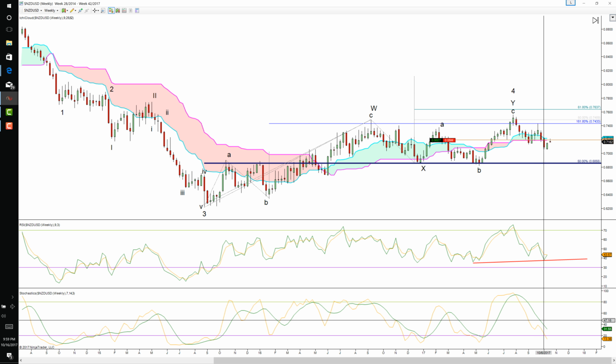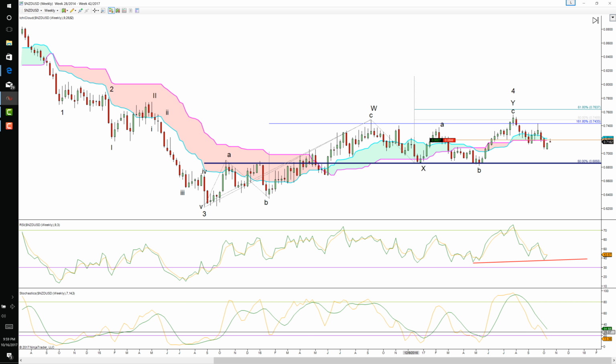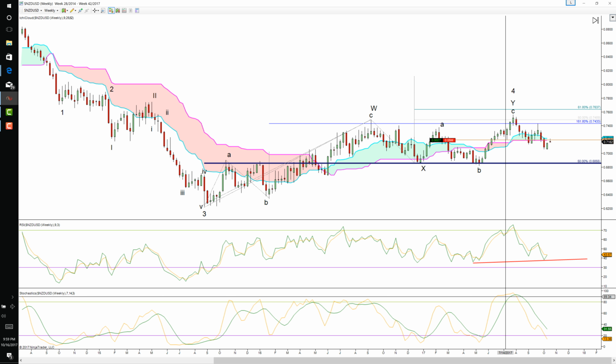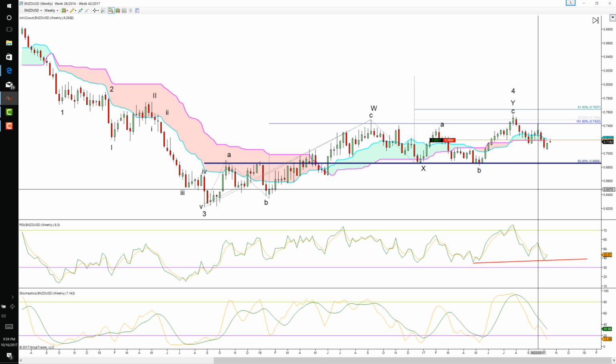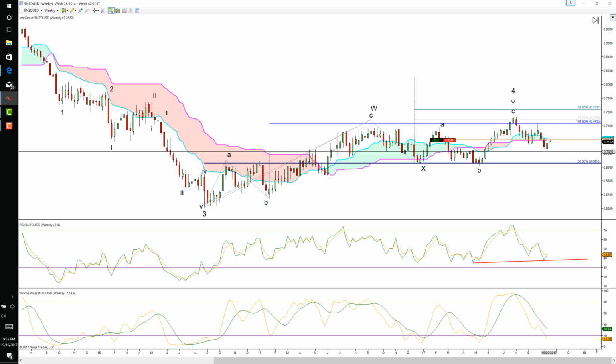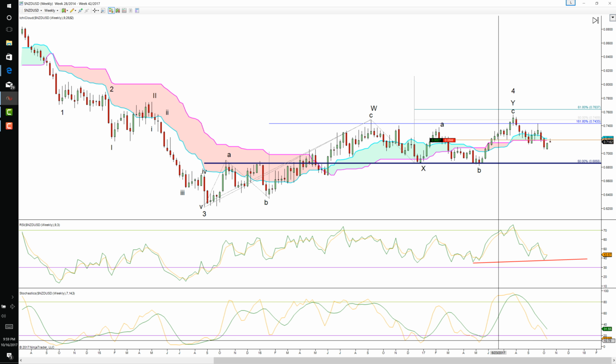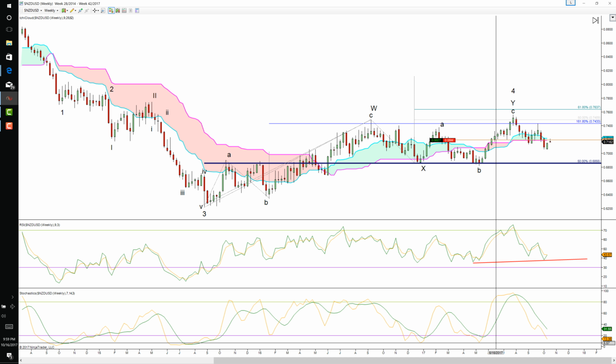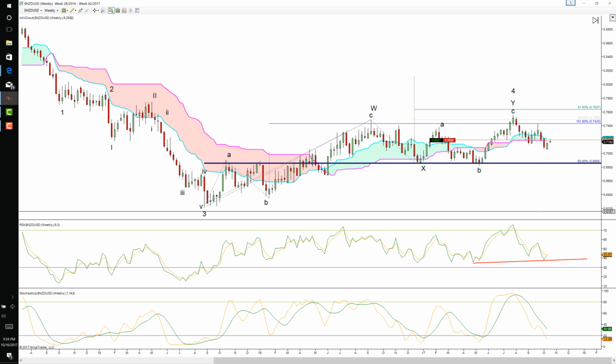So I would tend to favor this on a weekly time basis and look for a possible maybe another low, because right here, as you can see, price could come a little lower basically before it turns up.